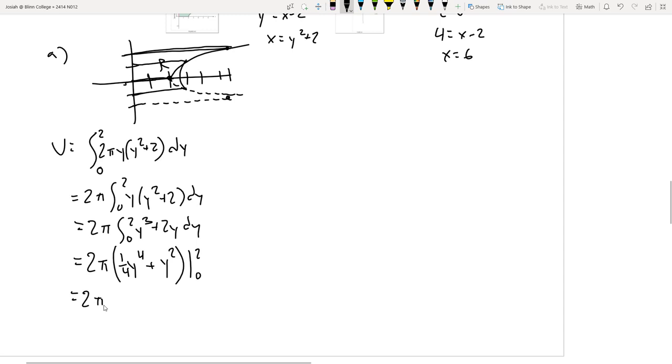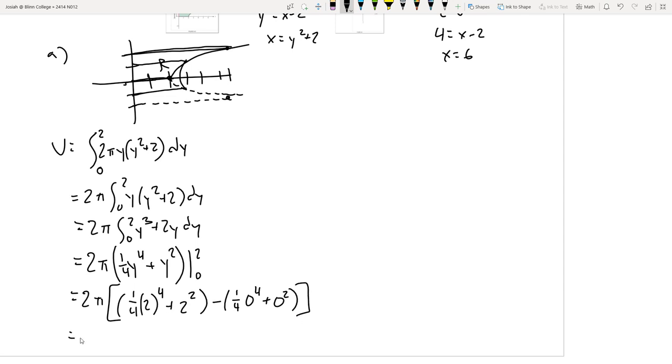So 2 pi, 1/4 times 2 to the 4th plus 2 squared minus 1/4 times 0 to the 4th plus 0 squared. Two to the 4th is 2 times 2 is 4, and then square that, that's 16.